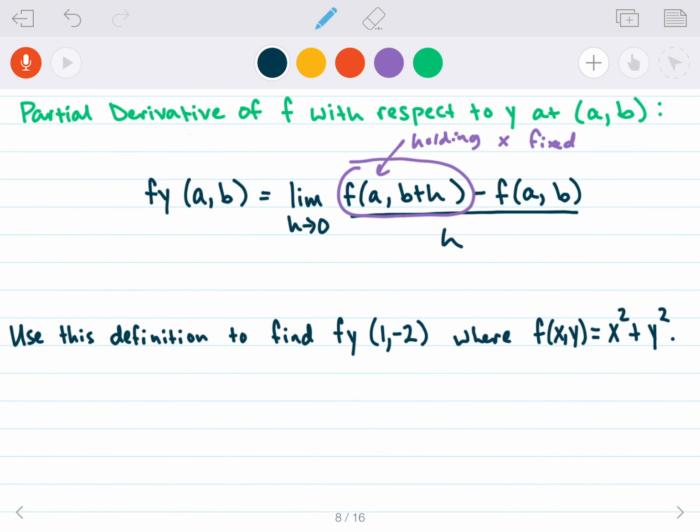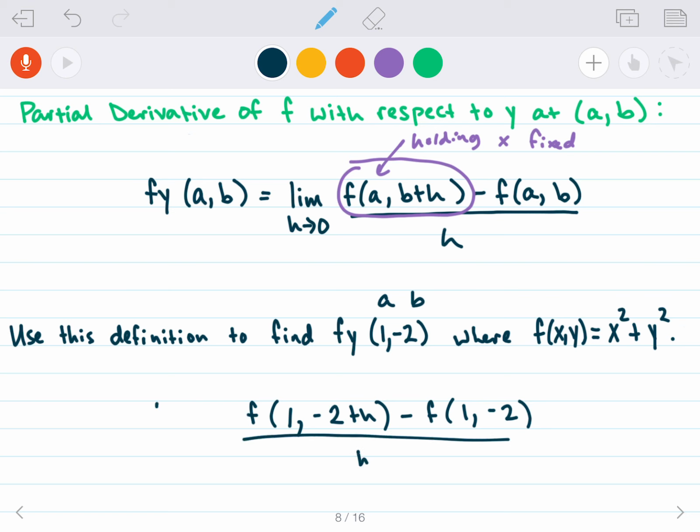Okay, so the first thing is f of a, b plus h. We have f of 1, and then b was negative 2. Again, we have a, b. We have 2 plus h minus f of 1 comma negative 2 all over h. We're taking the limit as h goes to 0.